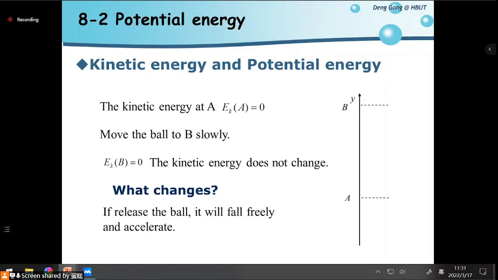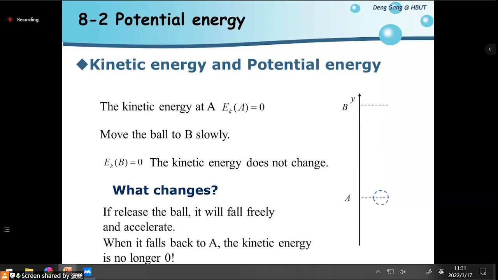It seems that when I moved it from A to B, I did increase something. It's like I have increased its kinetic energy, but the energy is stored in the ball. It does not show itself until I release it, and then the kinetic energy shows itself to us.